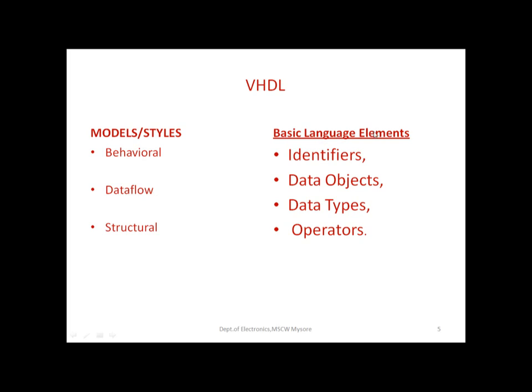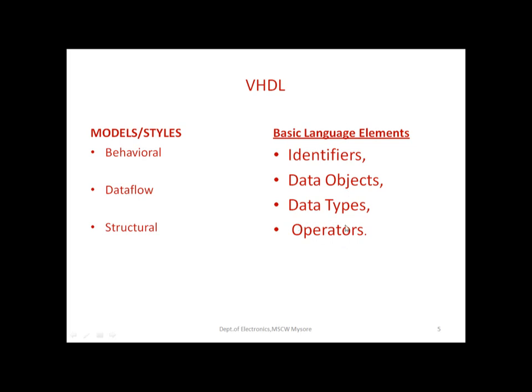And next, what are the basic language elements? One is the identifiers, data objects, data types and the operators. What I told, in any language you should study what are the alphabets we are using, how we are going to make the sentence, how we are going to write the paragraph.